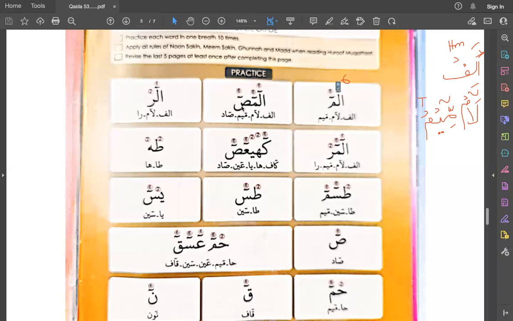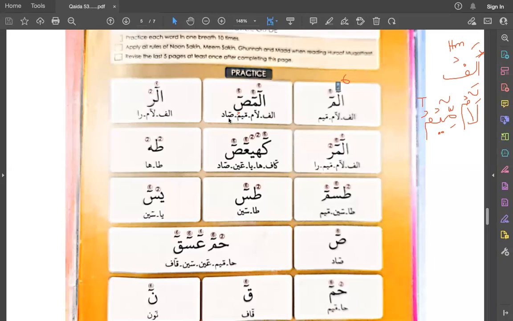Mim, and then can you see there is mim, and then sad. There is mim with sukoon and sad. So what will happen there? There will be idhar. Why? Because after mim sakin there is sad, the letter sad.